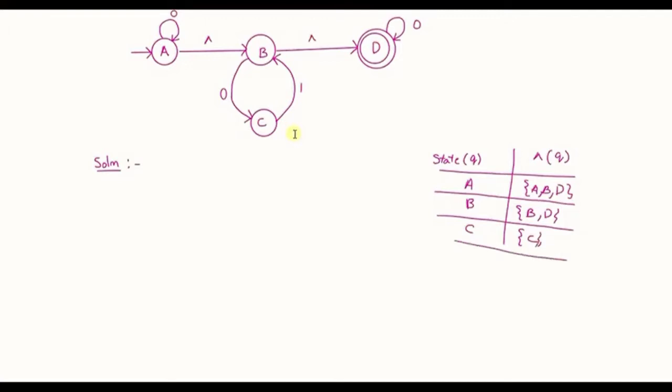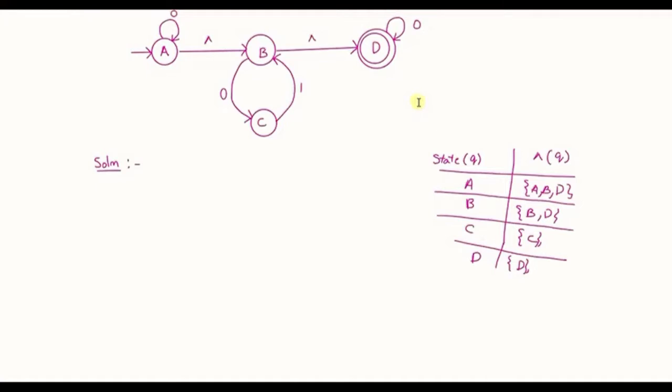And finally, we'll find out E-closure of state D. For state D, first of all, D itself will be added to the set. And from state D on reading null, you don't go anywhere else. So as a result, only D will be the element of that set. So this is how you need to find out E-closure of each of these states.